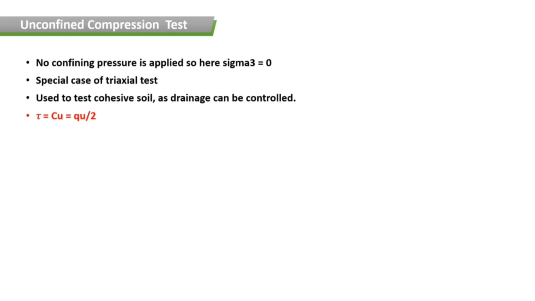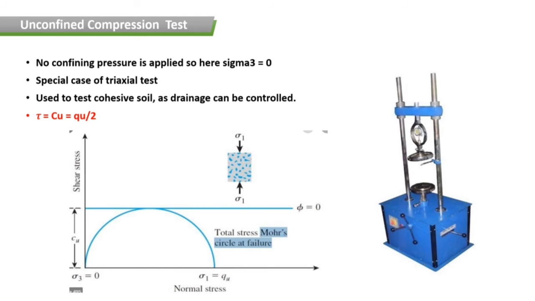Now the third test is the unconfined compression test. It is a special case of the triaxial test, because there is no sigma 3. Sigma 3 is 0. Sigma 3 is sigma c, the cell pressure, which was the constant pressure from the four sides.